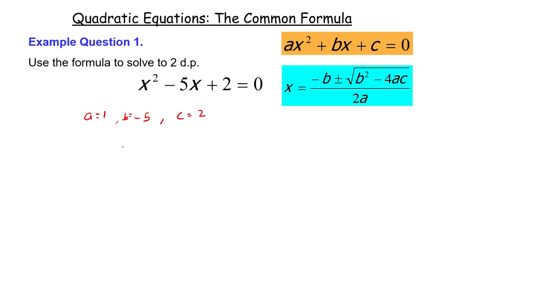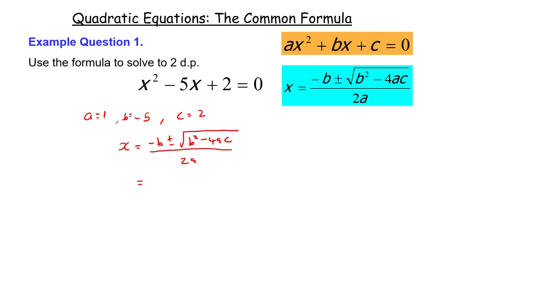So we write our formula. Always write the formula, because then you start to get to know it. It's curly x, by the way. It's equal to minus b plus or minus the square root of b squared minus 4ac. And it's all divided by 2a. All we have to do now is a simple substitution of the numbers into the formula.